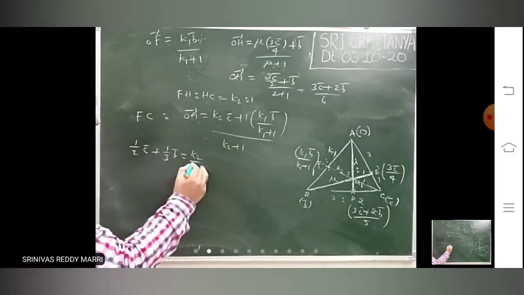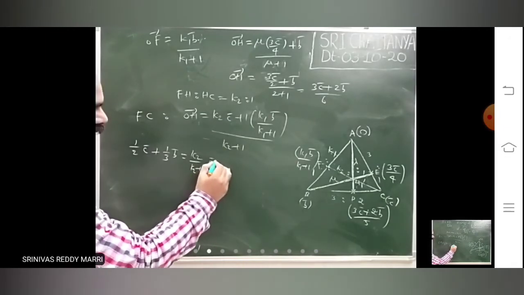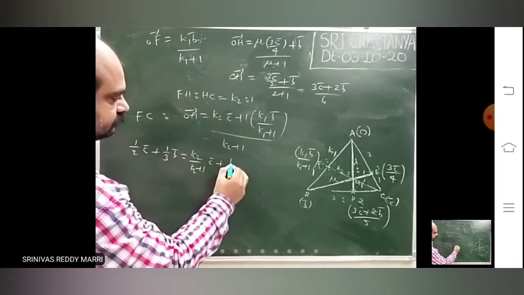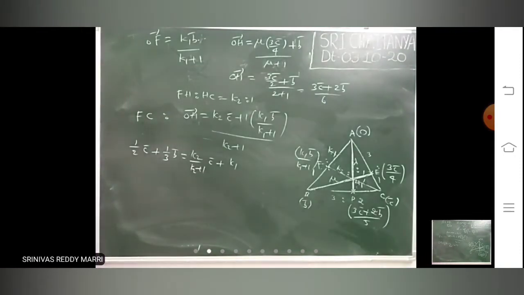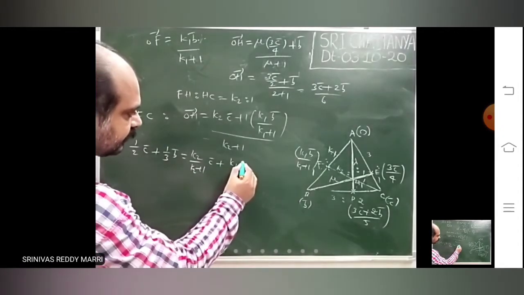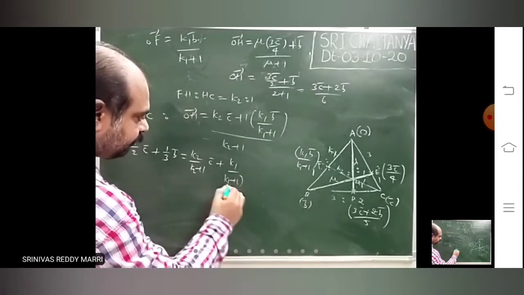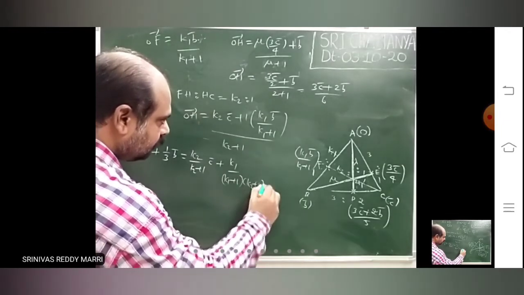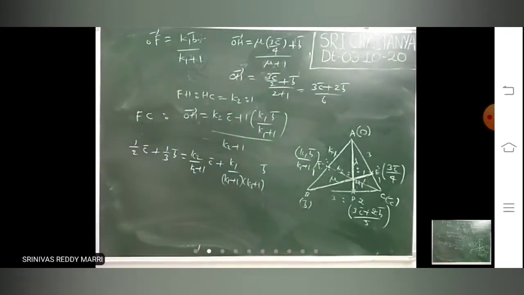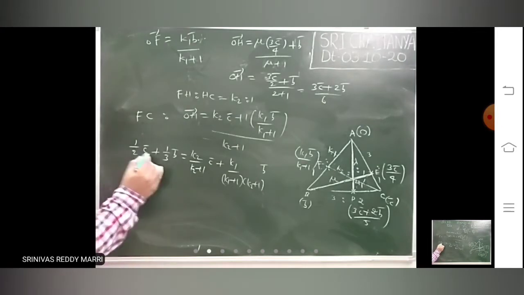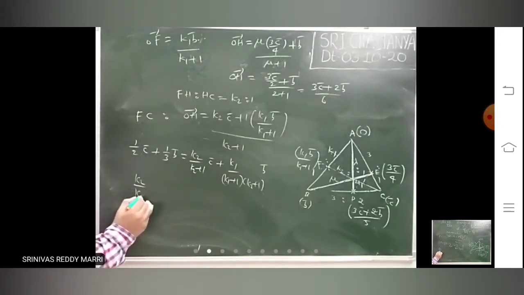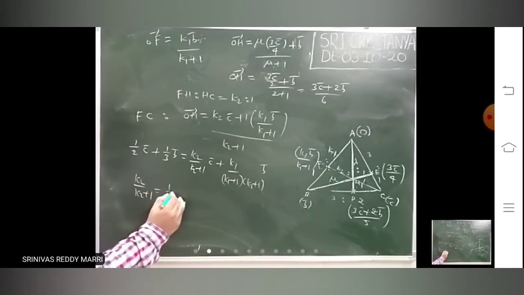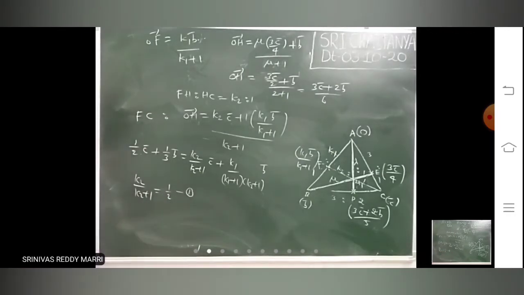So K2 divided by K2 plus 1 C bar, plus K1 divided by K1 plus 1 into K2 plus 1 B bar. Equate the C bar coefficients equal to 1 by 2. Let us say this is the first equation.